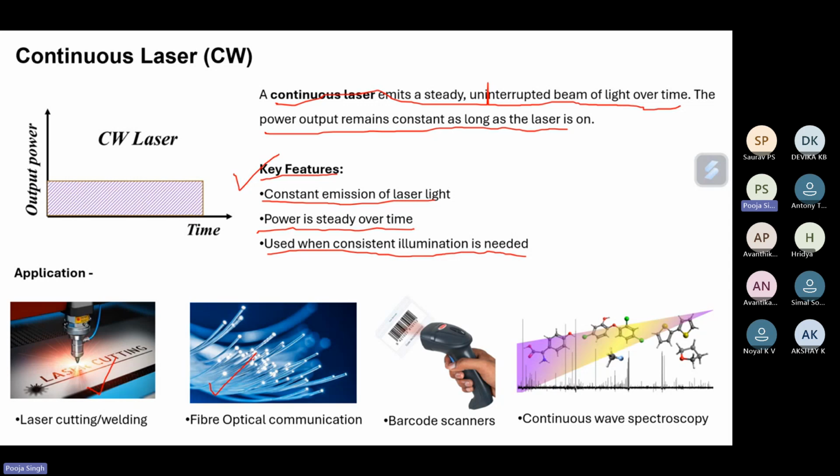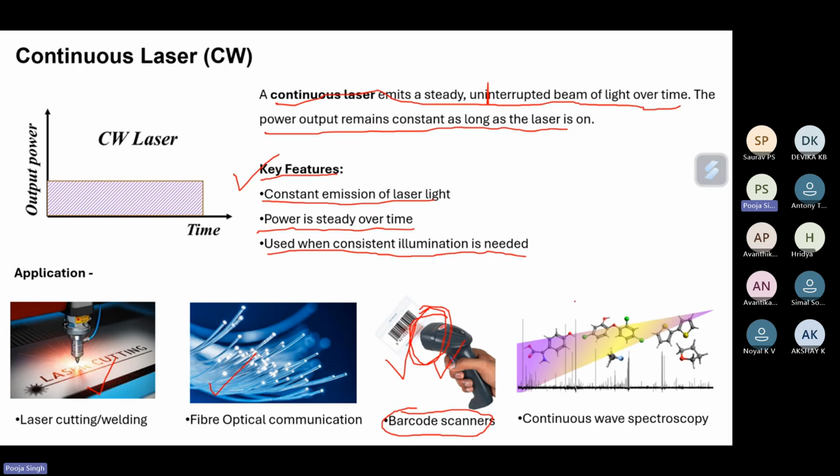Everyone has seen the barcode scanner in shopping malls or when purchasing accessories, where people use a machine to scan. You may not have known what kind of laser that is: it is a continuous laser present in the barcode scanner machine.